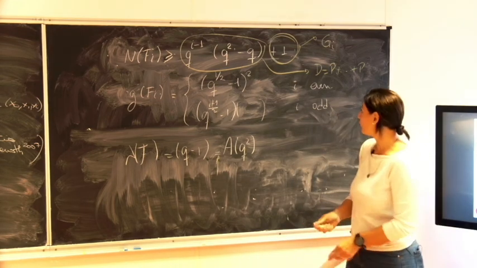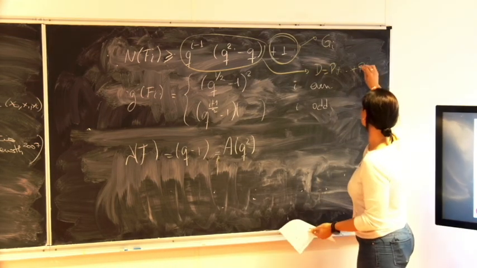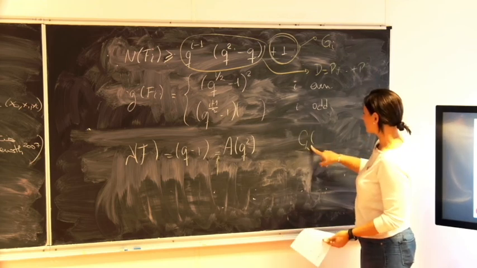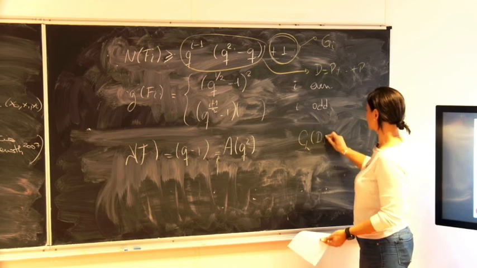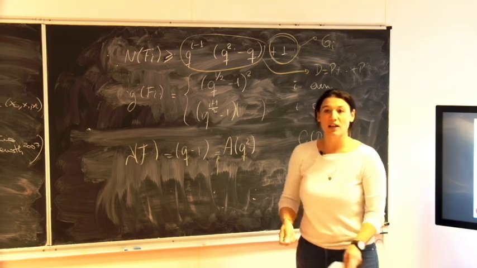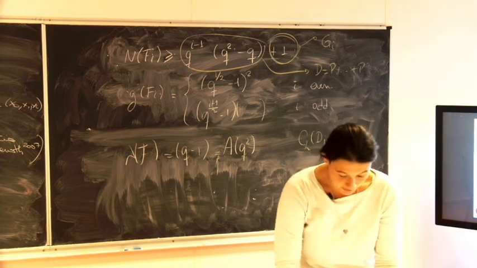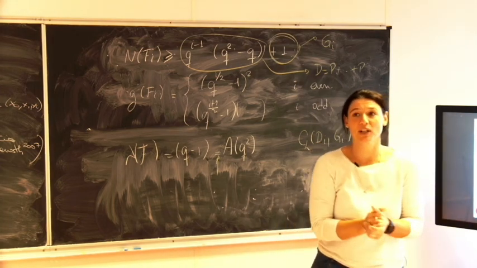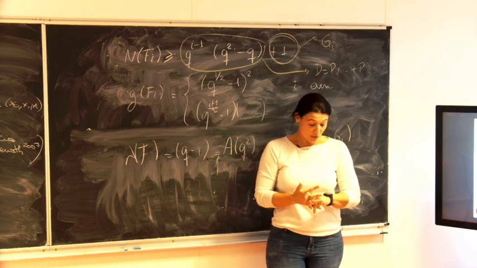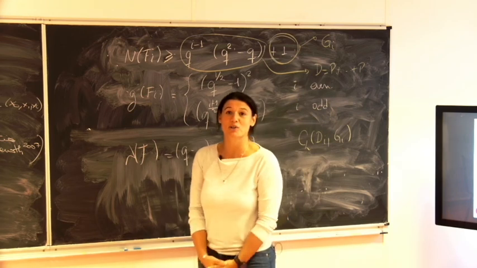So if we build the sequence of codes using these divisors, it is going to be asymptotically good, and we could beat the Gilbert-Varshamov bound using this Tsfasman-Vladut-Zink bound. So, well, that was all.